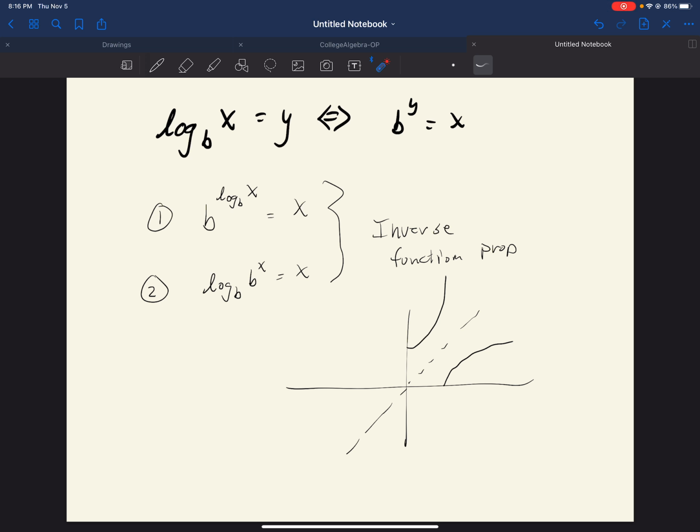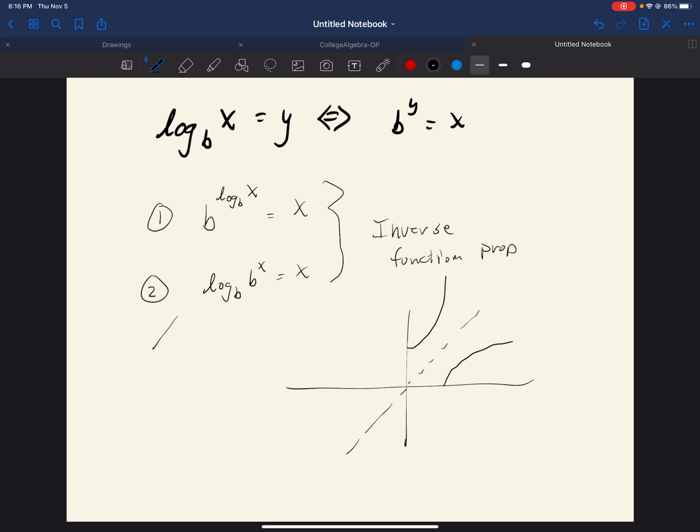But what that means then is, even more special, that 10 to the log x is x, and log of 10 to the x is x, because you don't need to write it down there. But it also means that e to the ln x is x, and ln of e to the x is x.